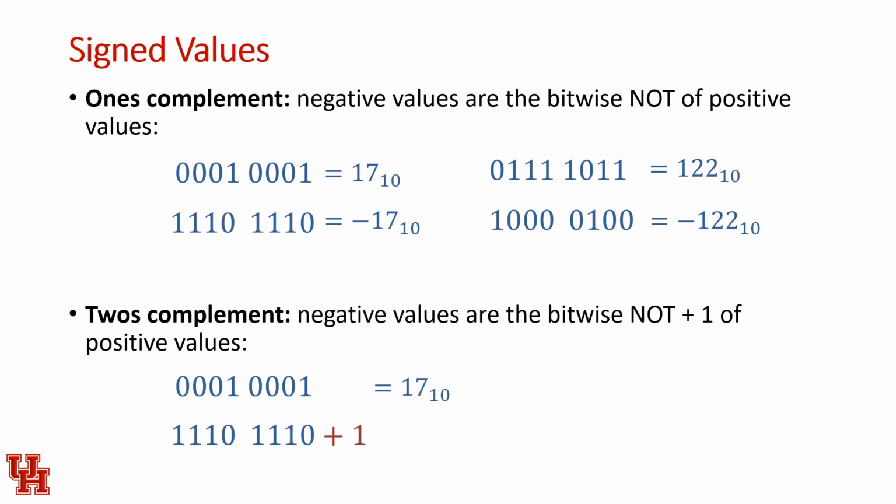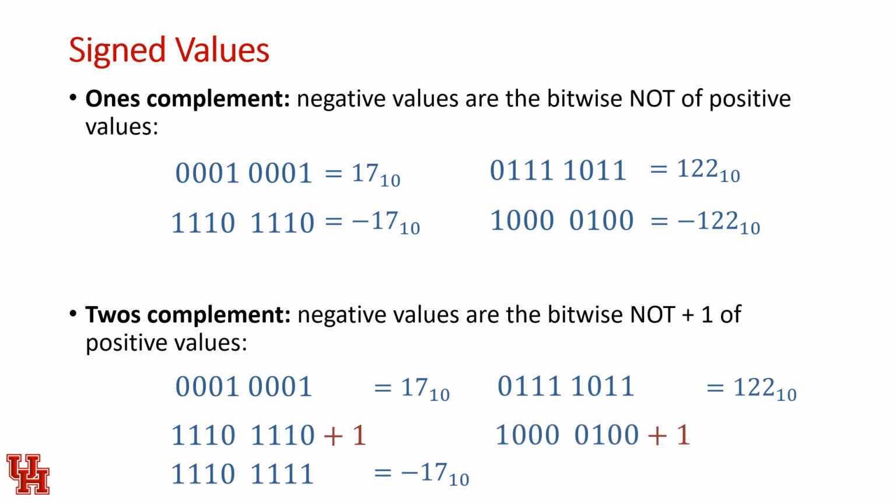Note that the result of the bitwise NOT operation is identical to the corresponding negative representation in 1's complement. The final result is the 2's complement binary representation of negative 17. The same process works for our second example of 122. 1 is added to the 1's complement representation, giving the final 2's complement representation for negative 122.